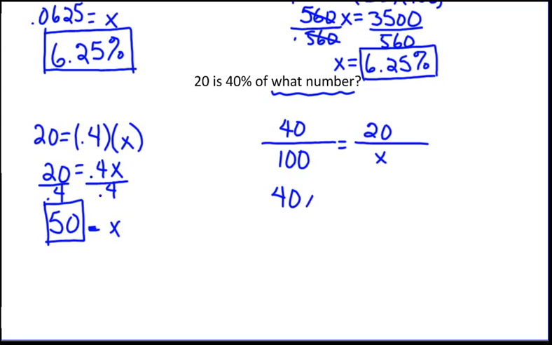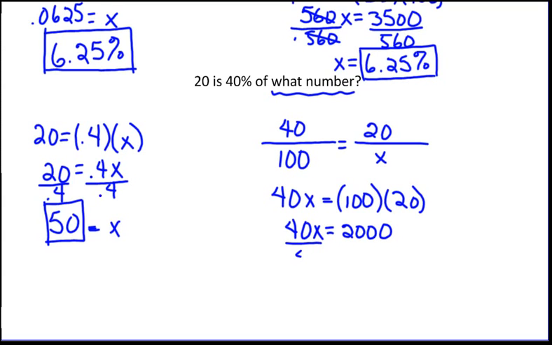Multiplying, I have 40x equals 100 times 20. 40x equals 2,000. Divide by 40 on both sides, and I will get 50.